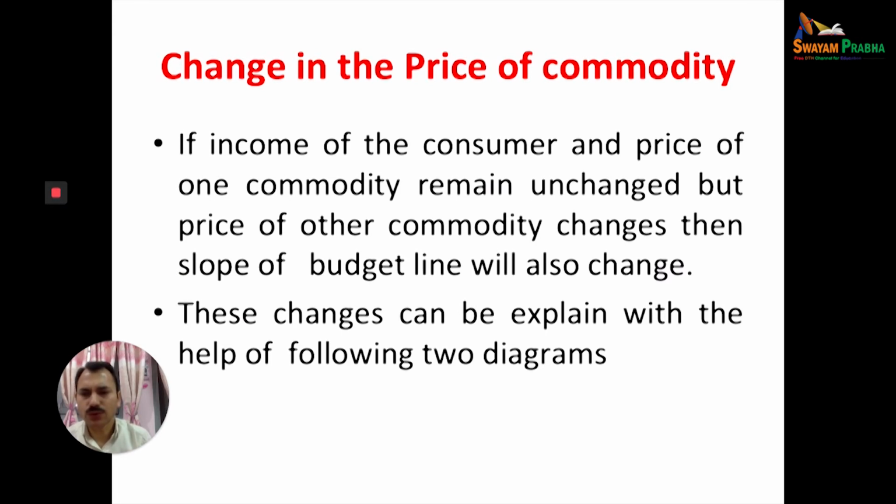Now we assume that there is no change in the price of food item, but if there is a change in the price of non-food item, then what will happen to the slope of the budget line or price line?